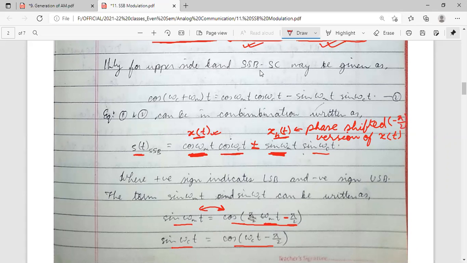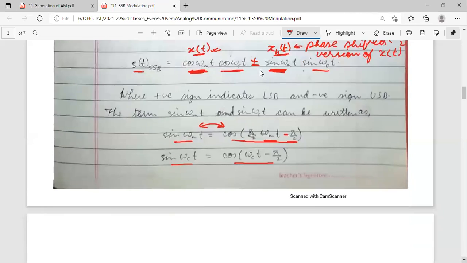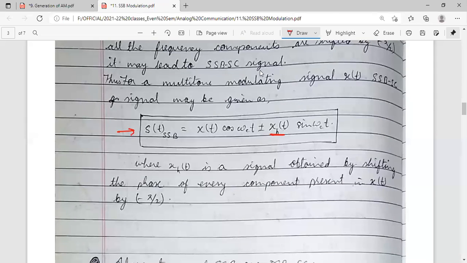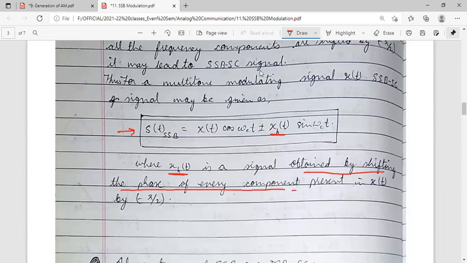So x of ht is nothing but the version obtained by shifting the phase of every component present in xt, and this h represents the Hilbert transform.